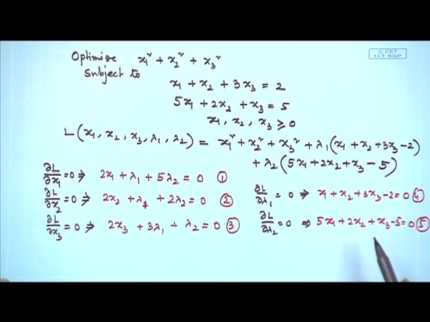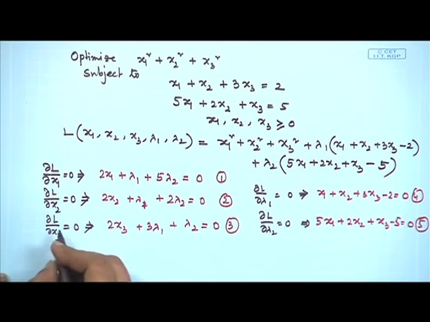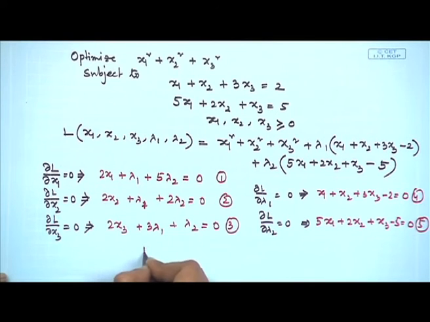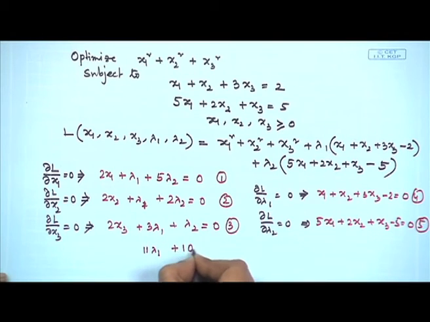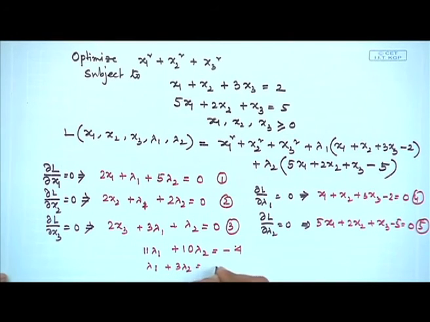If we substitute that, the first equation will come as 11 lambda 1 plus 10 lambda 2 is equal to minus 4, and the second equation will come as lambda 1 plus 3 lambda 2 is equal to minus 1.